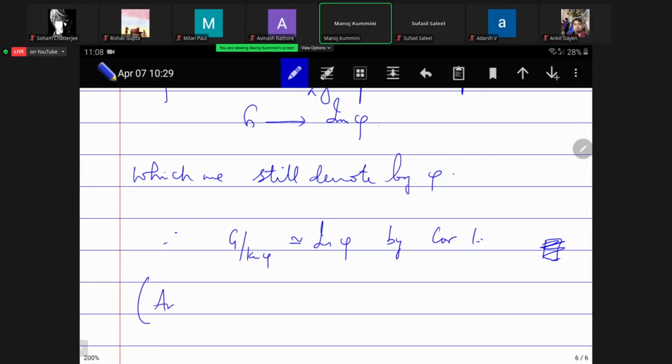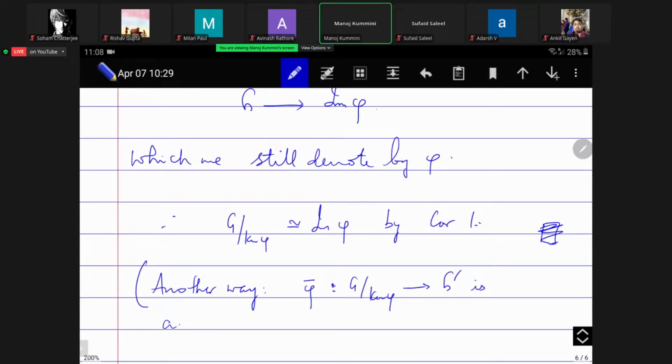Okay. Another way to think about this would be that phi bar, from G mod kernel of phi to G prime, is a group homomorphism, an injective group homomorphism. Therefore, by corollary 1, G mod kernel of phi is isomorphic to the image of phi bar, because it is always surjective onto the image.